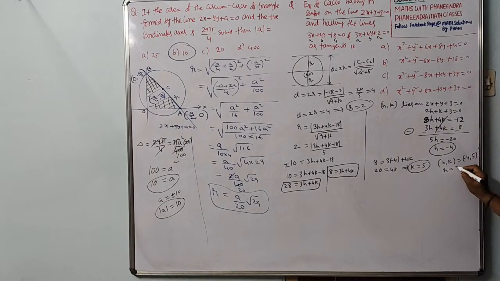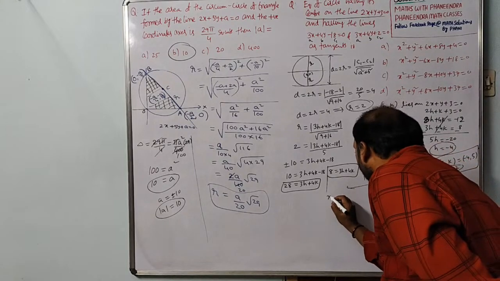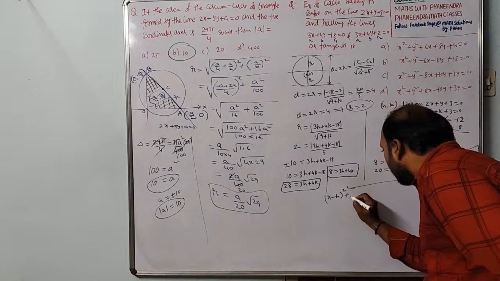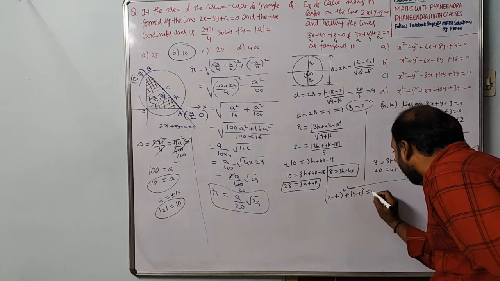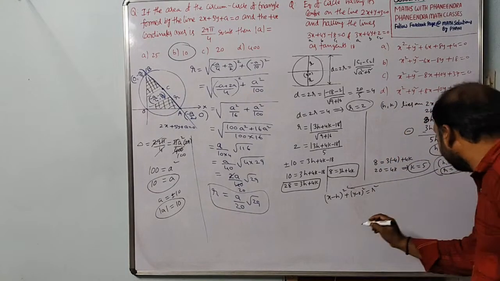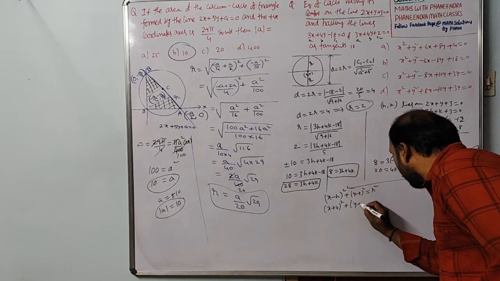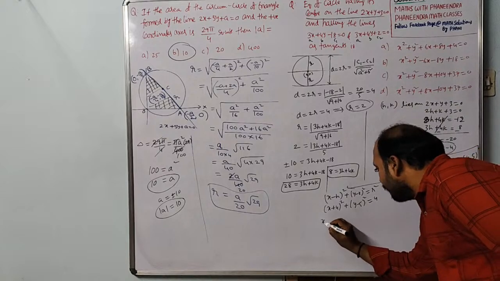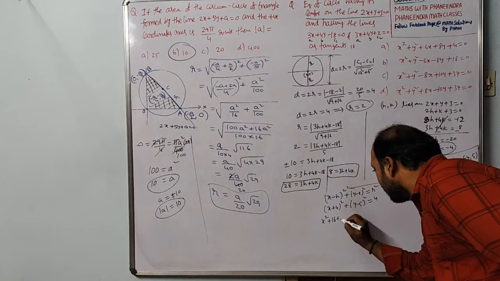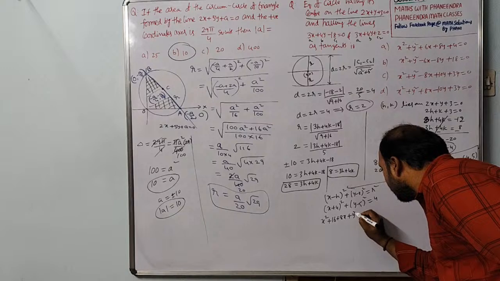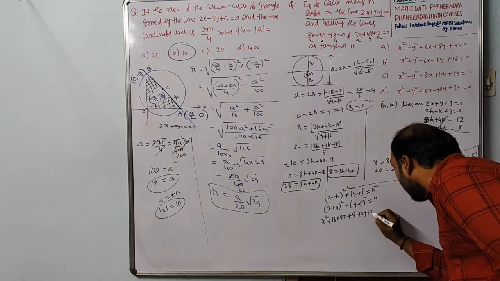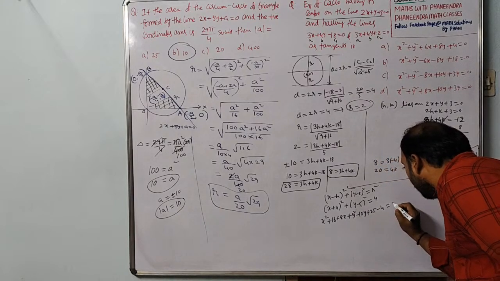Radius r is equal to 2. No? With this information, we can find the circle equation. X minus h whole square plus y minus k whole square equal to r square. So x plus 4 whole square plus y minus 5 whole square equal to 4. X square plus 16 plus 8x, y square minus 10y plus 25 minus 4 equal to 0.